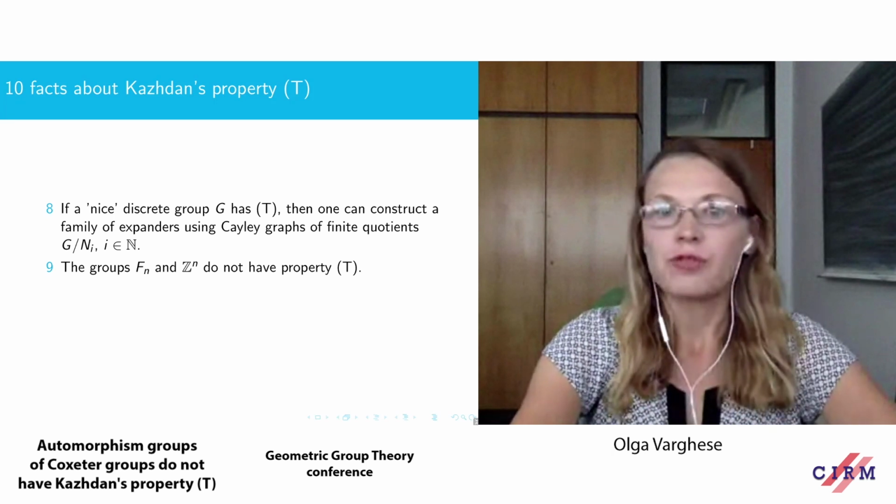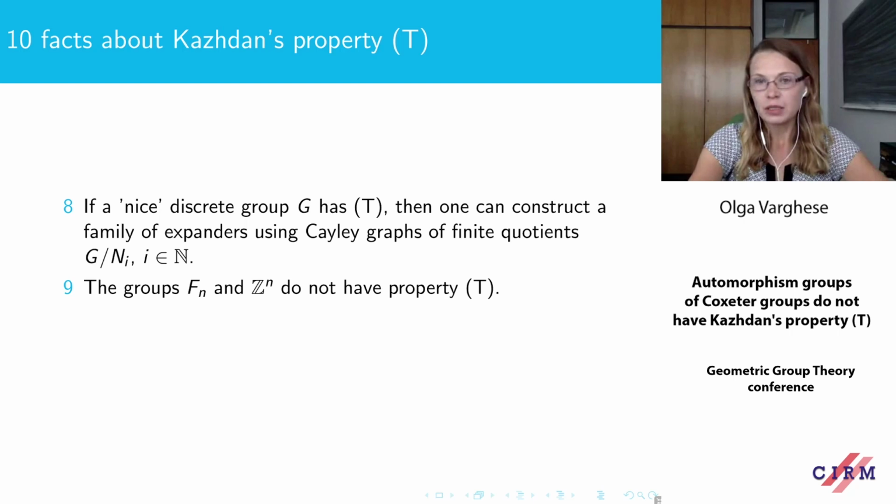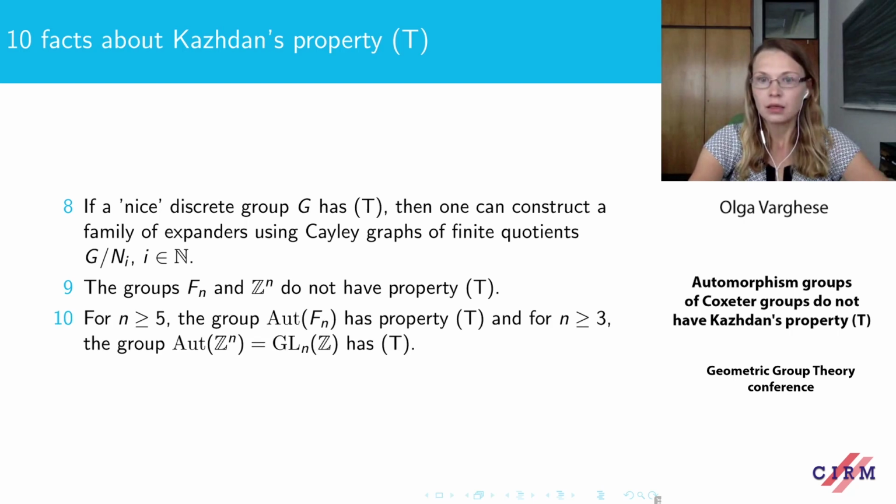Free groups and free abelian groups do not have property T, but the automorphism group of a free group has T, and the automorphism group of a free abelian group has T. Coxeter groups are well understood objects in geometric group theory.